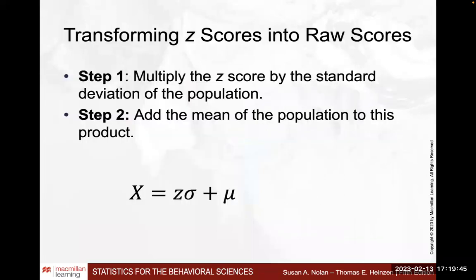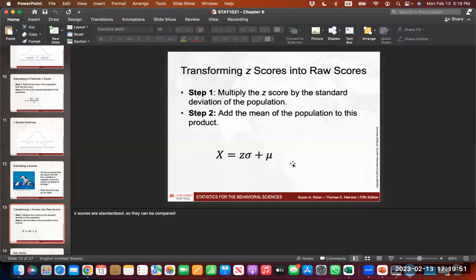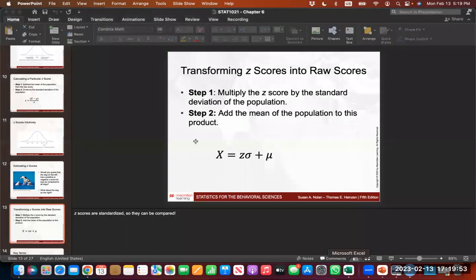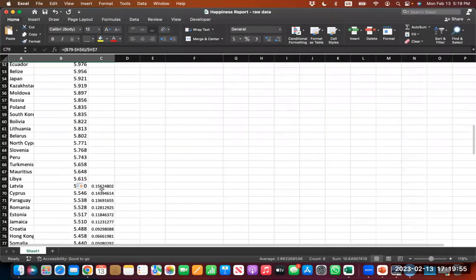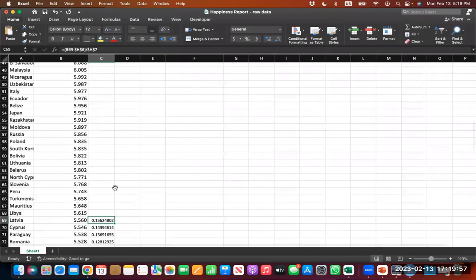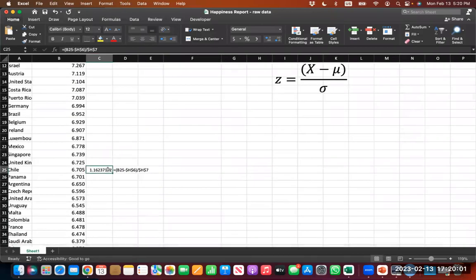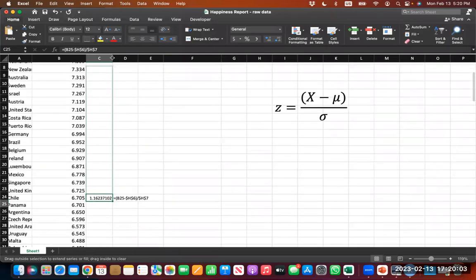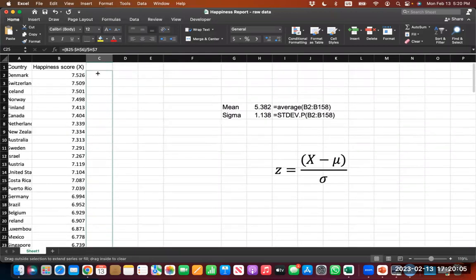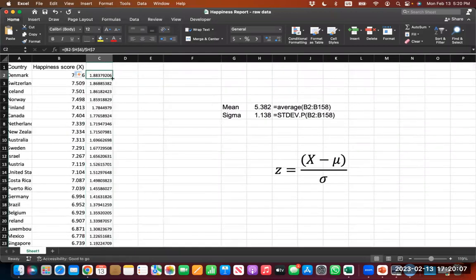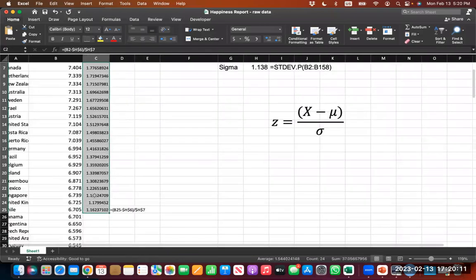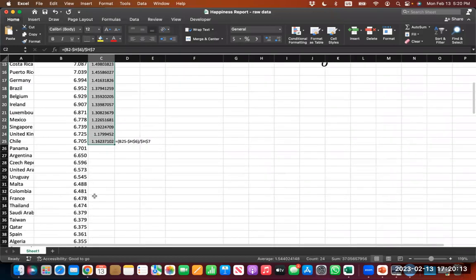Once you have a Z-score and only the Z-score, you can do exactly the same thing the other way around. But first, let's complete this formula. If we take this formula and do this for each individual entry, you're supposed to get negative numbers and positive numbers.